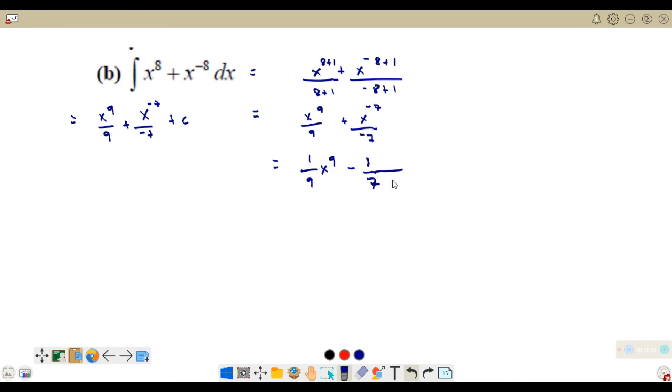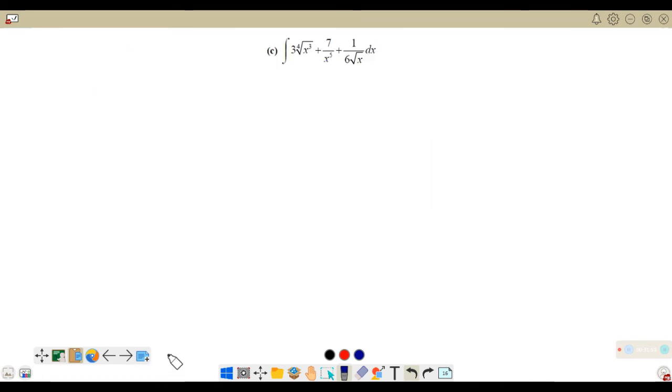Tapos, ito, yung exponent natin na negative 7 ay gagawin nating positive 7. So, we are going to locate it at the denominator. And of course, do not forget the constant c plus c. Let's continue to the next example.